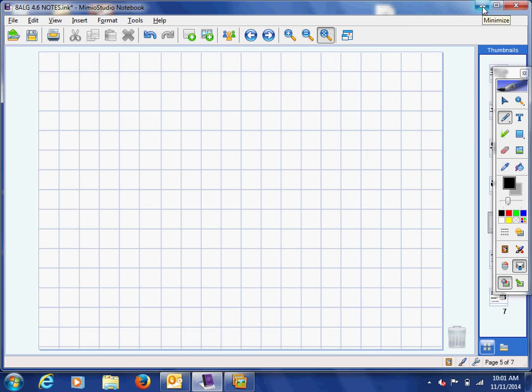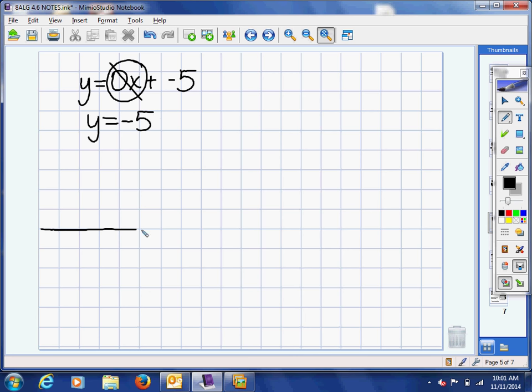Now remember, in the other example, we ended up with a slope of 0 and a y-intercept of negative 5. And then we said we could actually simplify that cancels out, and we're going to end up with the equation y equals negative 5. That is a special kind of line, okay? And I want to talk to you about that, and it's a good time to talk about that.